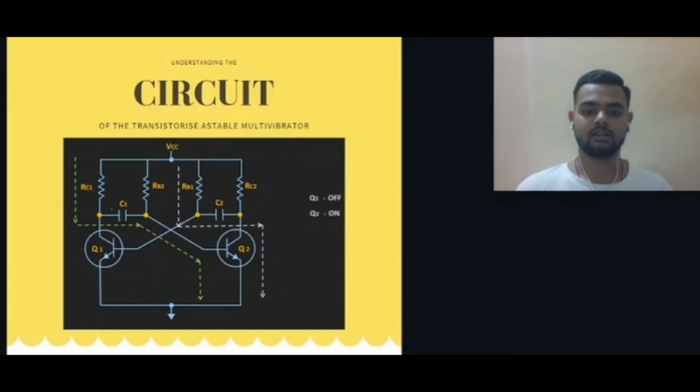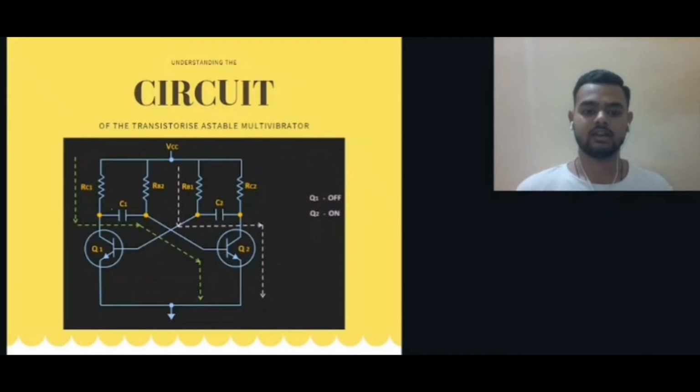Up to this point, the capacitor C1 has charged up to the voltage Vcc minus Vbe. As Q1 is now short circuited, the left hand side of the capacitor C1 is now grounded. So we can say that the voltage minus of Vcc minus Vbe will appear at the base of the transistor Q2.